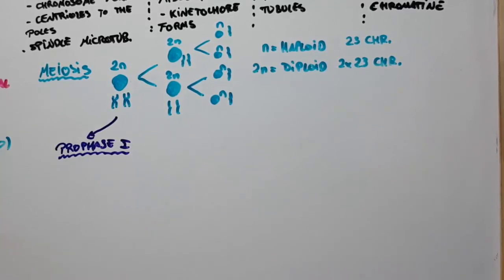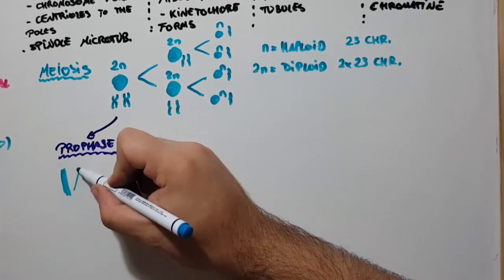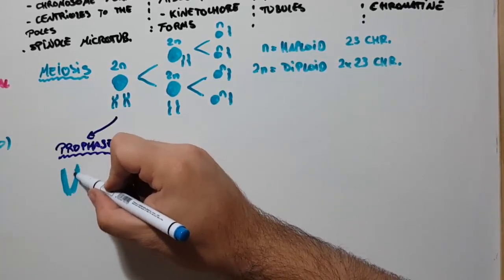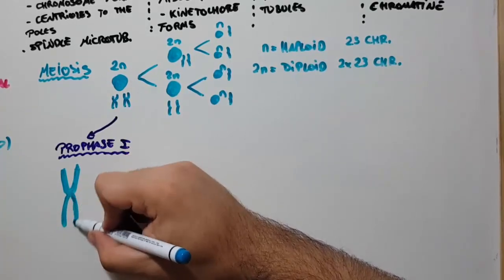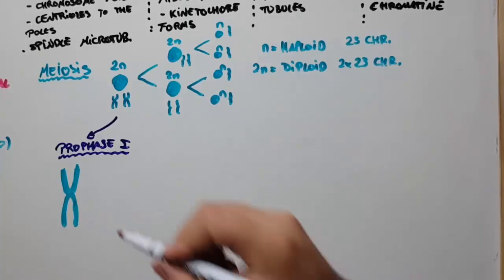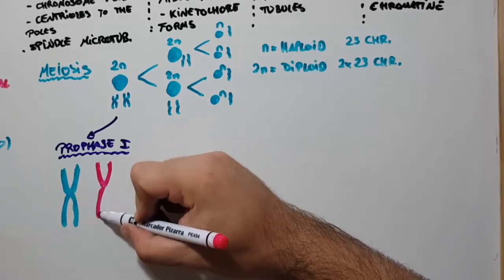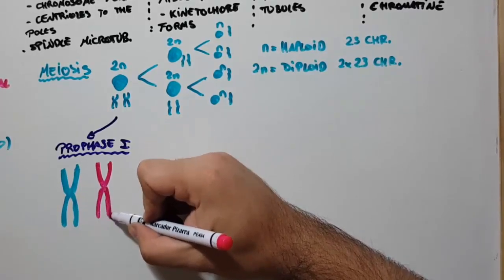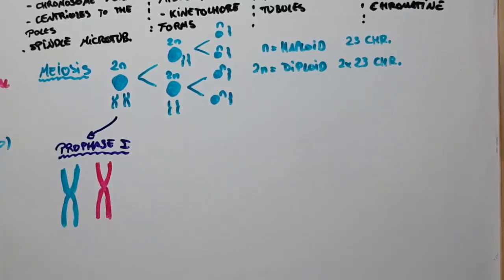A normal human being has a chromosome that comes from the father, like this, and a chromosome that comes from the mother, like this. So when in prophase 1, they're going to get really close.